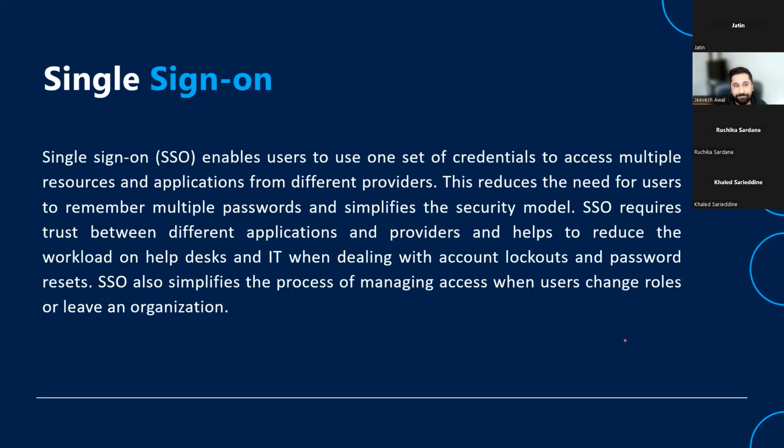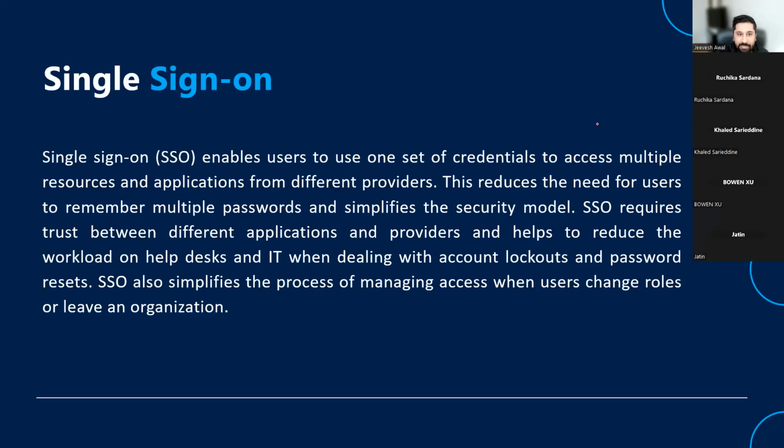Okay, so to get started, when we talk about single sign-on, it enables users to use one set of credentials to access multiple resources and applications from different providers. This means multiple applications such as Zoom give you the option to log in from Gmail or log in from Facebook or use your own SSO like your Concordia Zoom, right? You do not need to create an individual account on Zoom because they have a partnership with multiple other identity providers.